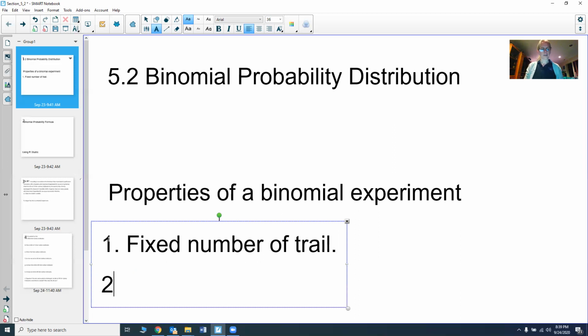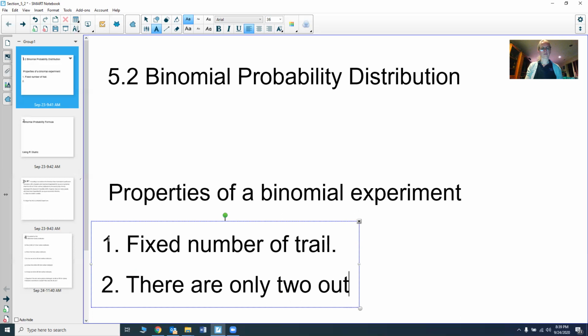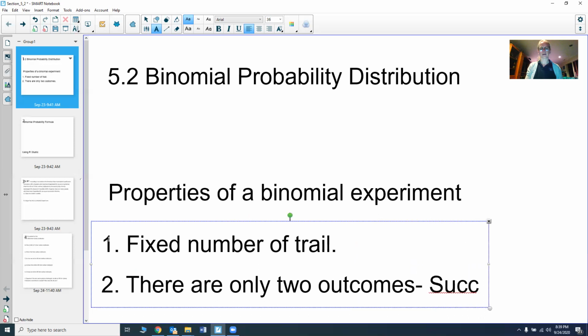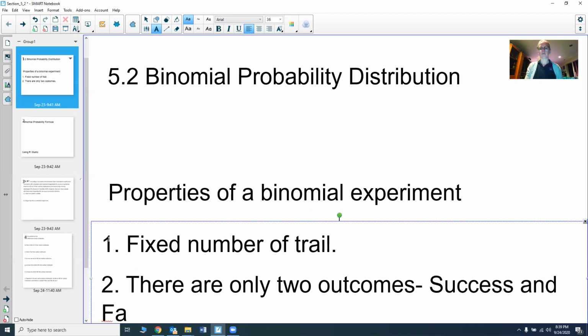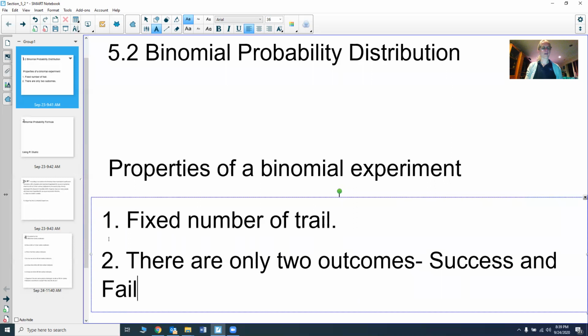Your second property is that there are only two outcomes. And we call those outcomes success and failure. But I want to point out that success isn't always a good thing. It doesn't mean that this is a positive thing to have happen. It's that you got what you were looking for. You actually found what you were looking for.